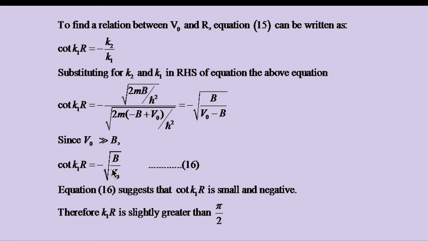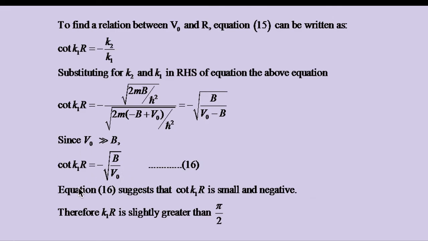How can we use that? Because this is a negative value, and B is much smaller than V0, it is a very small value. So cot K1R must be small; its magnitude is very small, and also it is a negative quantity.